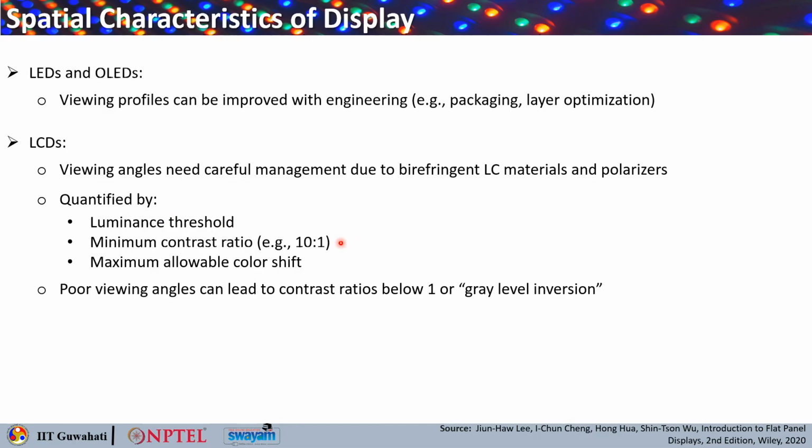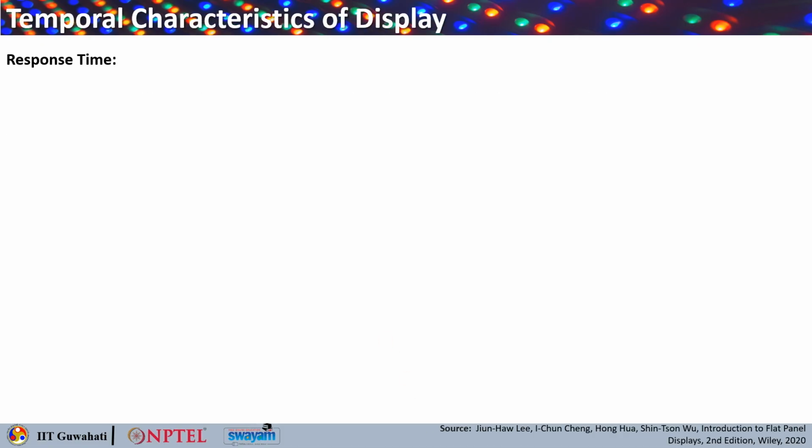You need to maintain a minimum contrast ratio of something like 10:1, and there is a maximum allowable color shift. If you have poor viewing angle, that can lead to contrast ratios below 1. That means you may have a gray level inversion. LCDs have this issue to a big extent because of their nature.